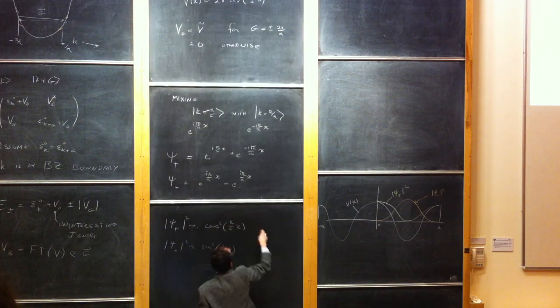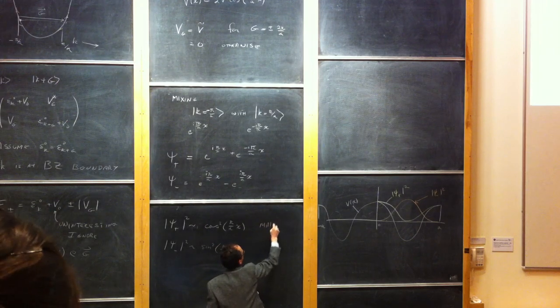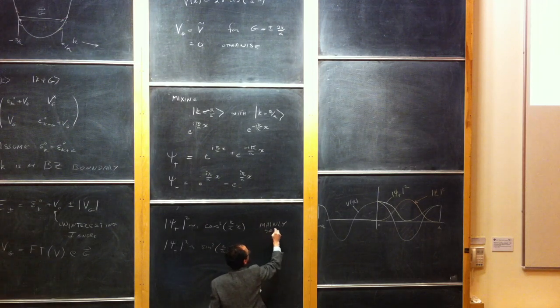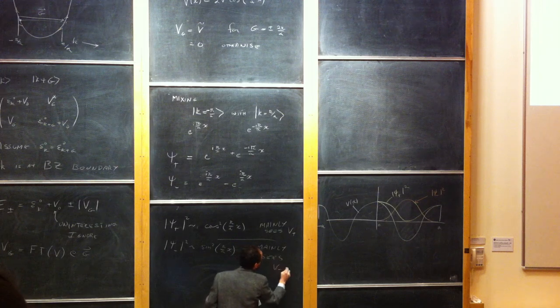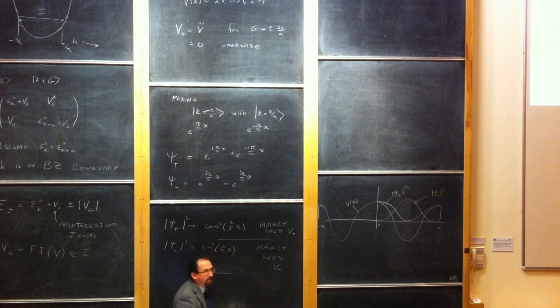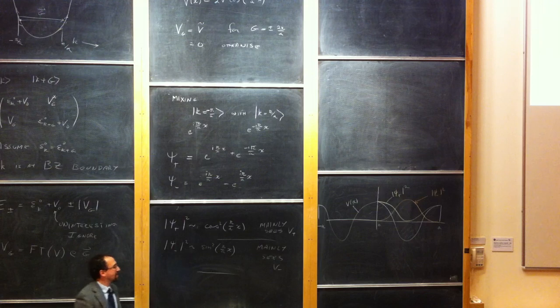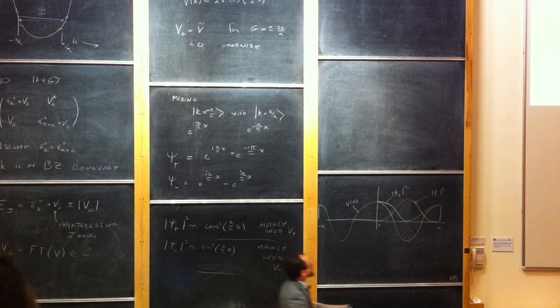So psi plus mainly sees V plus, whereas psi minus mainly sees V minus. And that is more or less why these two states get pushed up and down in energy respectively.